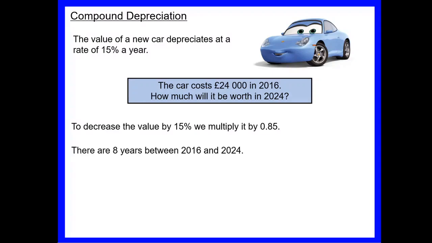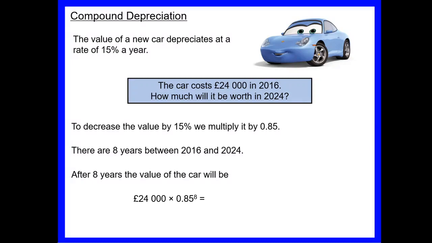So our initial value then was 24,000. We're going from 2016 to 2024. So there are 8 years between 2016 and 2024. So that's our term that we're going to be using as our index. So 24,000 then times our decimal multiplier of 0.85 raised to a power of 8.